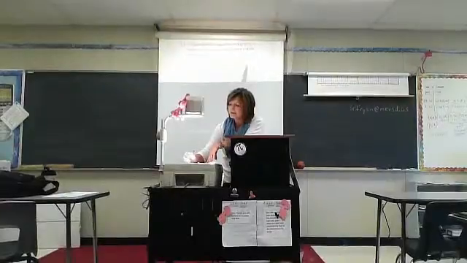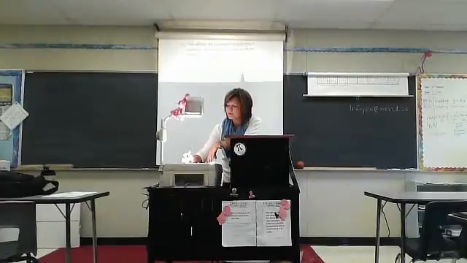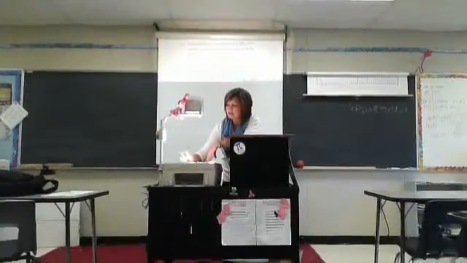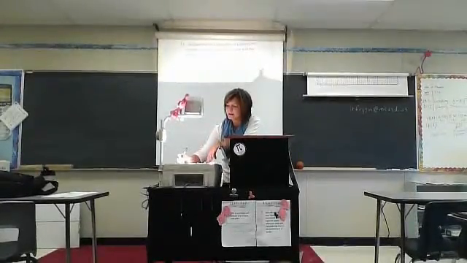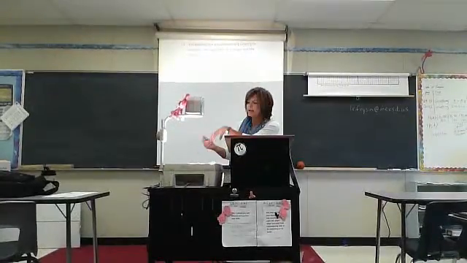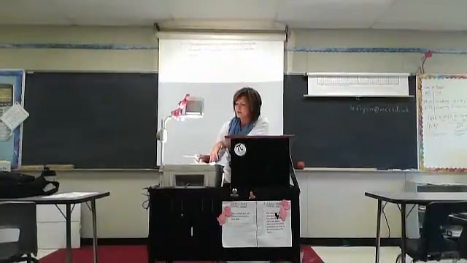If Y is negative 10 when X is 2, let's go find K. To solve for K, let's divide both sides by 2. And it looks like K is negative 5. So that's how the numbers are related. They're related by a multiplier of negative 5. Find the value of Y when X is 12.